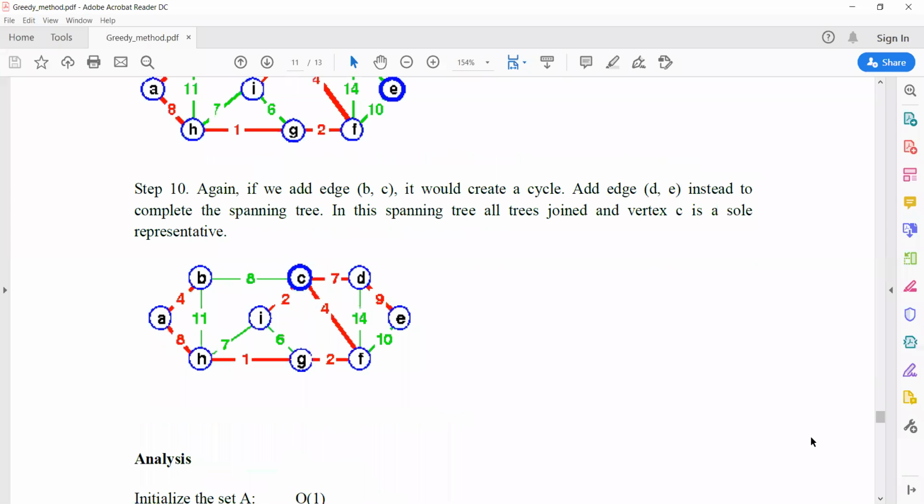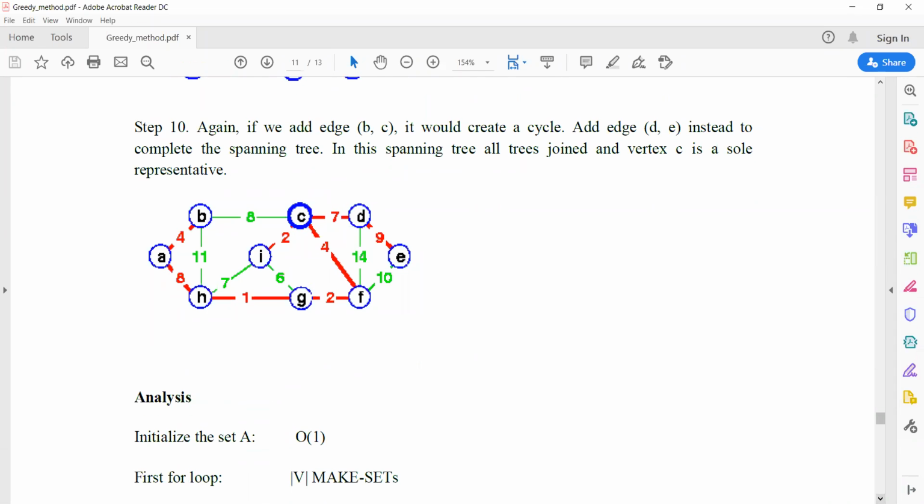So I add this one, and now you can check after that which one is the least. 8 is there, you connect that 8.